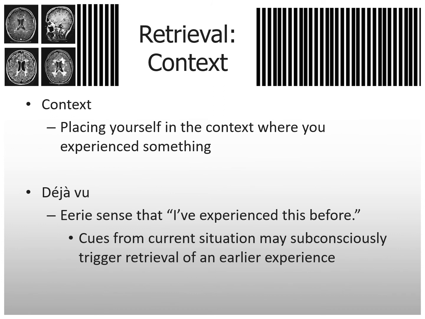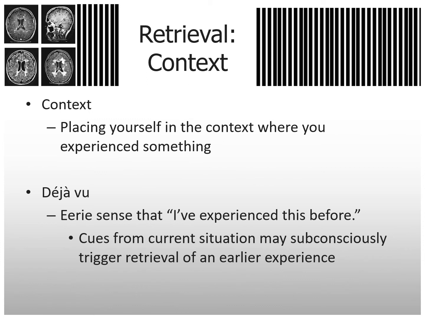When we retrieve stuff, a lot of times we use context. Context is placing yourself in the context where you experienced something. Deja vu is an eerie sense that I've experienced this before.